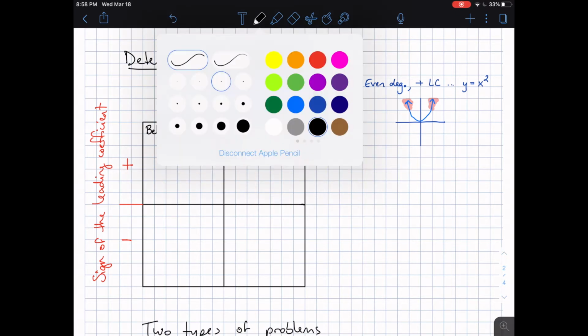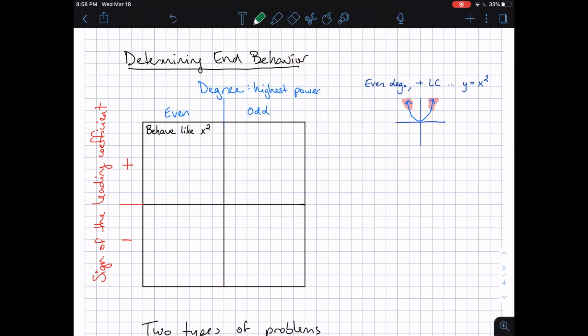Something happens on the ends and it increases on both sides. We don't know with the functions what happens in the middle. We don't care right now what happens in the middle. All we care about is what happens on the ends. And I know at the ends, it increases on both sides. So it increases on the left and the right.